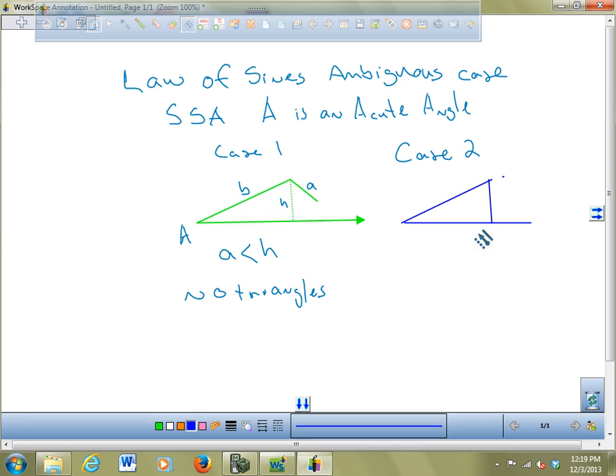So here's side A, which is equal to the height of the triangle. Here's side B. Here's angle A. So if A equals H, then how many triangles do I have? 1. So we're going to go through examples of each of these in a minute, but I kind of want to show you all the different possibilities. So those are the first 2 cases.